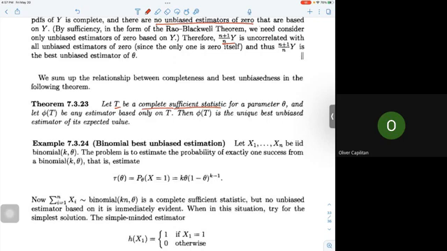Kanina, yung previous example natin, we just have considered the sufficient statistic, the function of a sufficient statistic. But this time, a function of a complete sufficient statistic, phi of T. Then phi of T is the unique best unbiased estimator of its expected value.